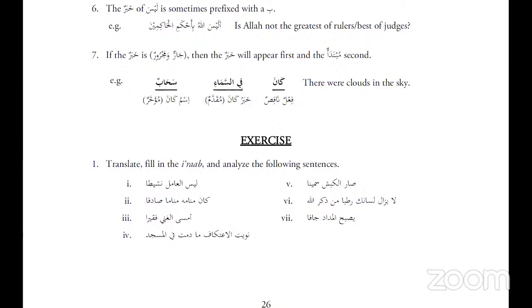Then kana. Kana manamuhu manaman sadiqan. So manaman sadiqan is the khabar of kana, and manamuhu is the ism of kana.